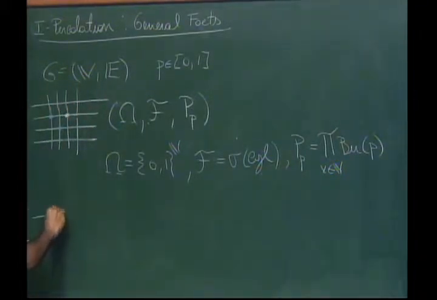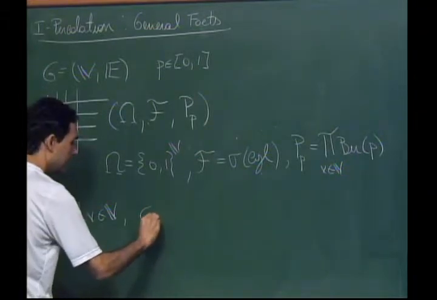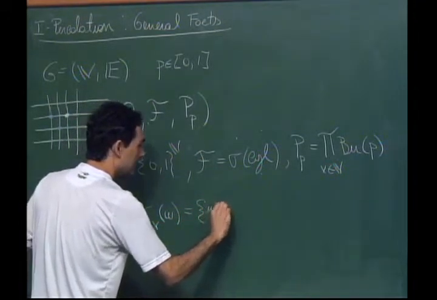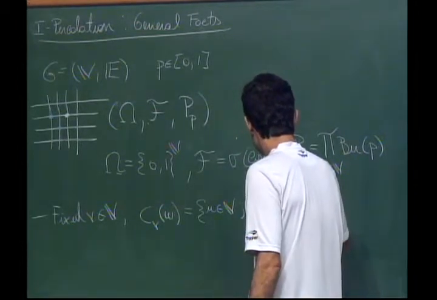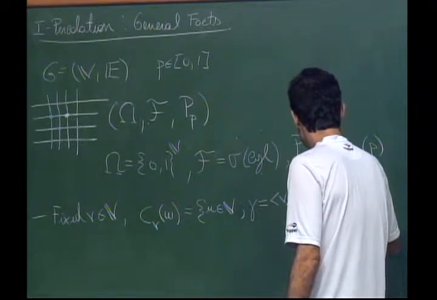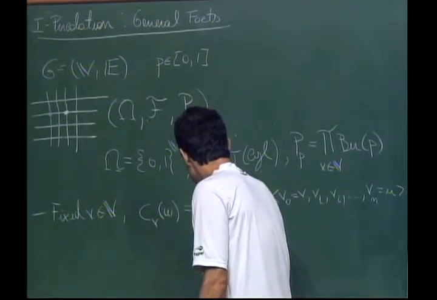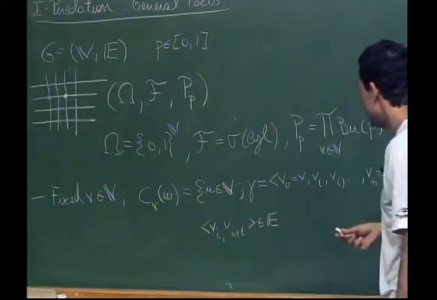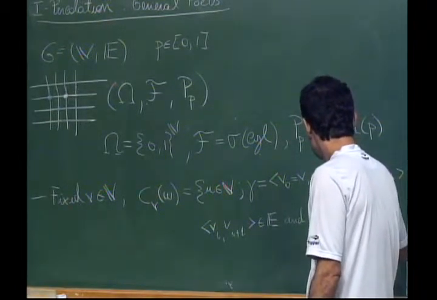Then, fixing some vertex v, we define the cluster of v as the set of vertices u such that there exists some path gamma starting from v, v0, v1, v2, and so on, and ending in u, such that v_i v_{i+1} is a bond of the graph, and the configuration on the vertex v_i is 1.